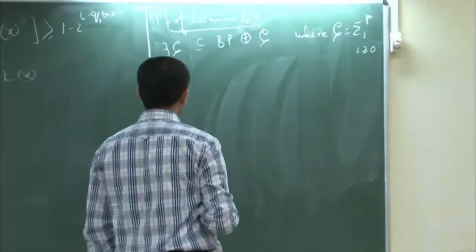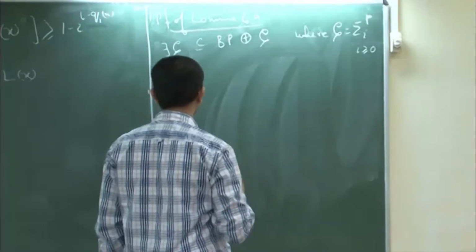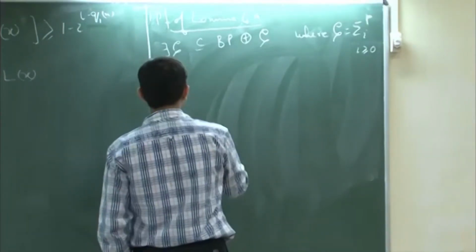So this proof is quite easy, once we assume that we know how Valiant-Vazirani works.